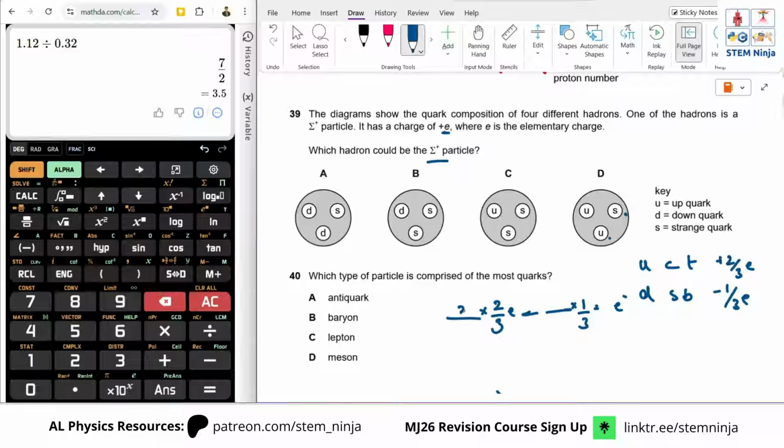So this needs to be multiplied by 2, so 4/3 E minus 1/3 E would get us E. So this means that these two need to be 2. So there is no down and strange, as both down and strange have minus 1/3. Hmm. Oh, there is one possibility. There are two U's over here, the two ups. So yes, that would be correct, because we need 2 times 2/3, so this would be straight away correct.